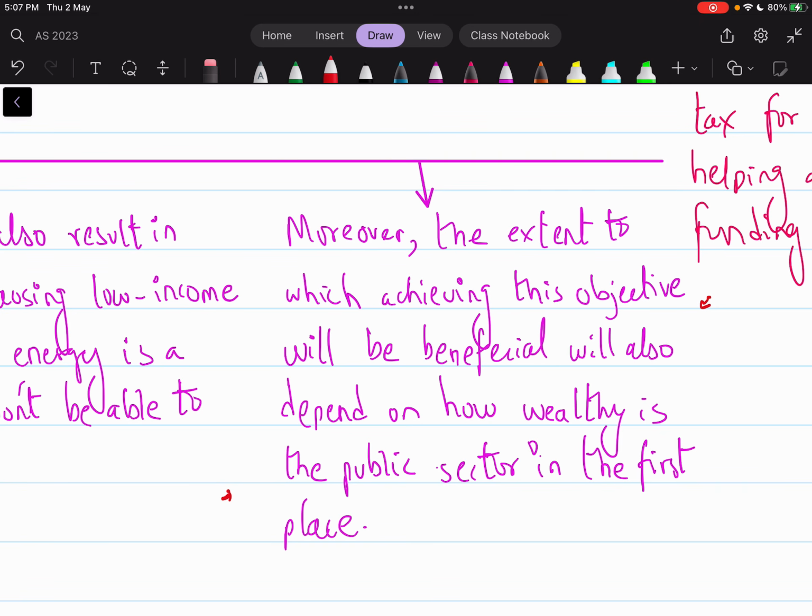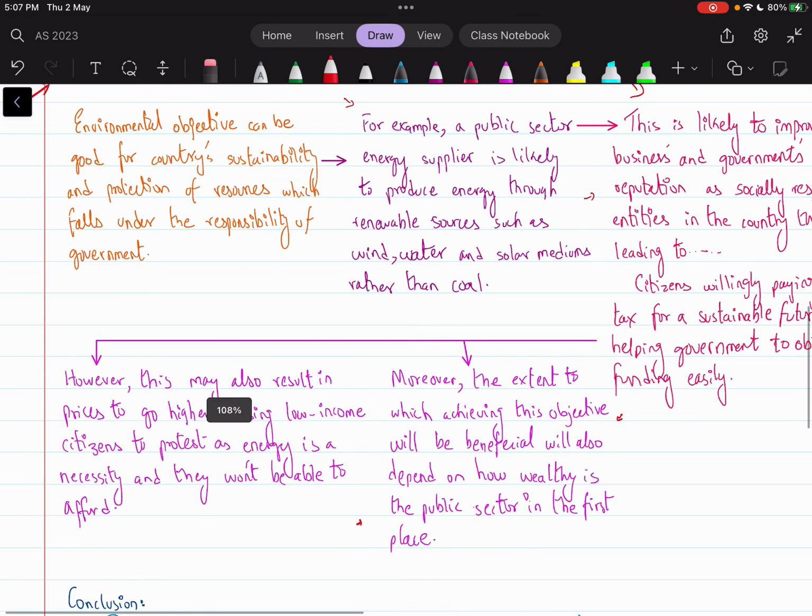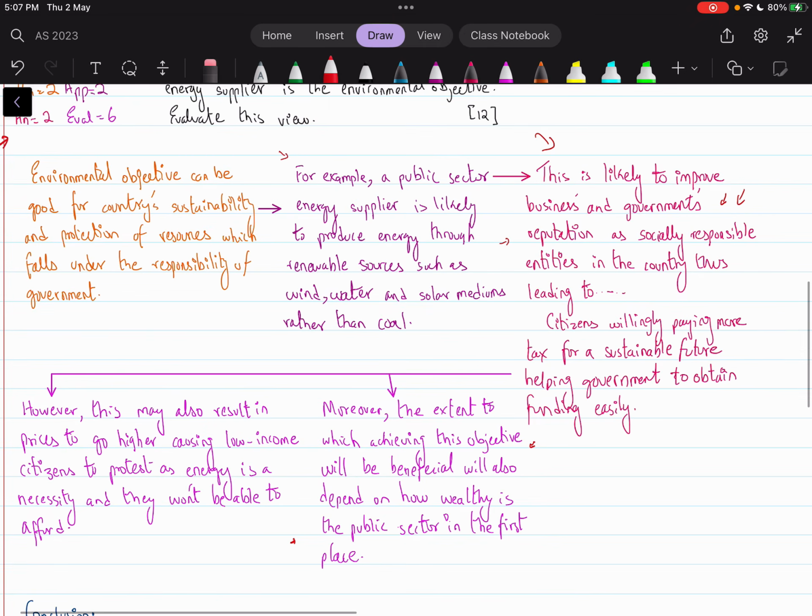Hence, in this case, perhaps providing welfare or cheaper prices or resources to the citizens at large may be more relevant.